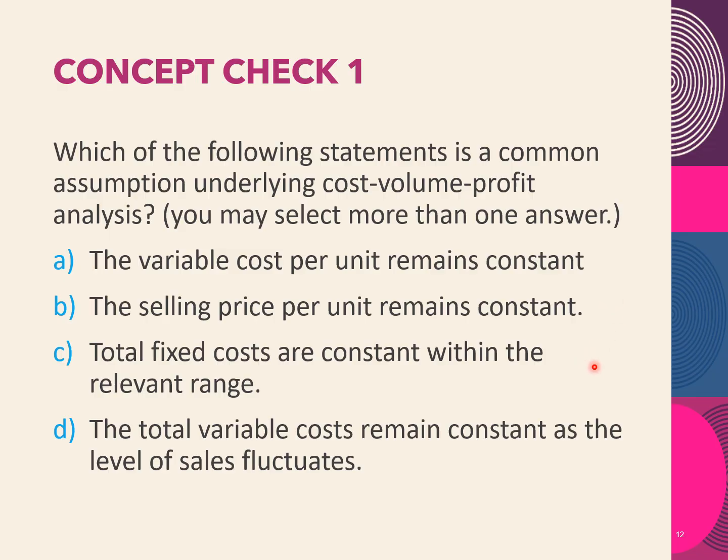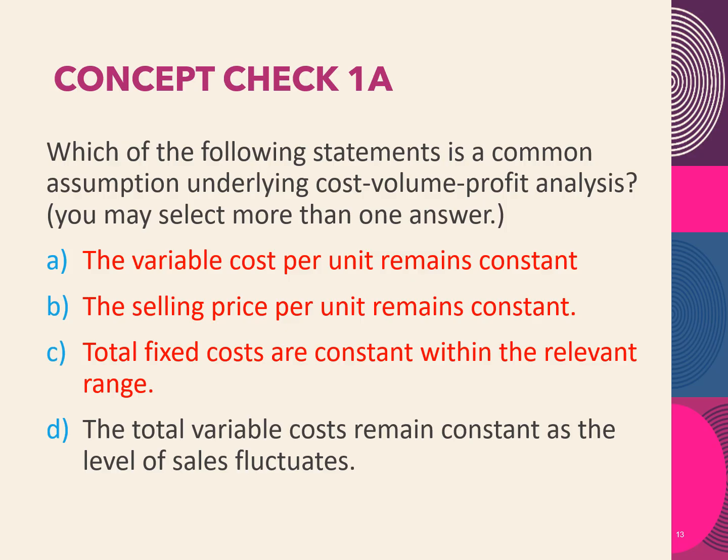C. Total fixed costs are constant within the relevant range. D. The total variable costs remain constant as the level of sales fluctuates. What is your answer? A, B, and C are all common assumptions underlying cost volume profit analysis.